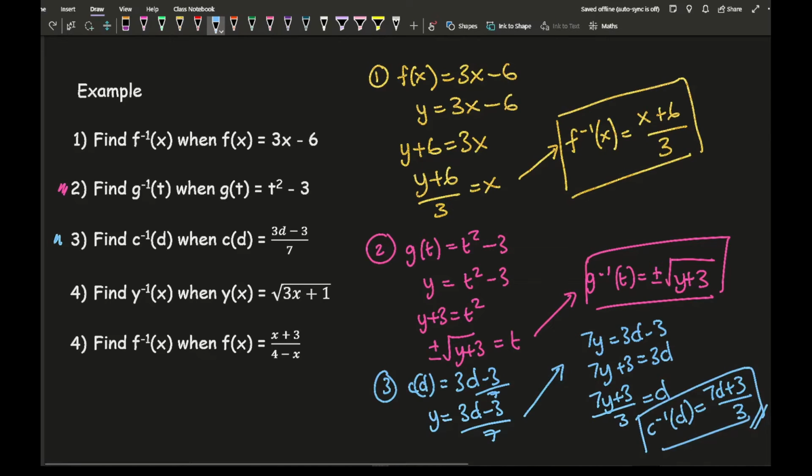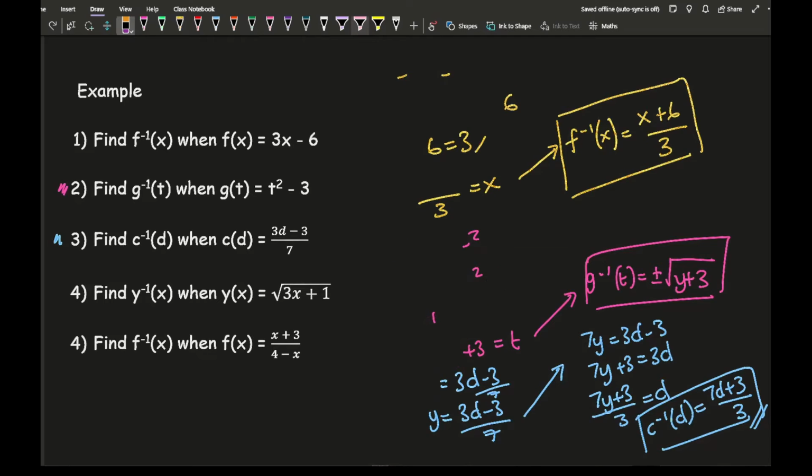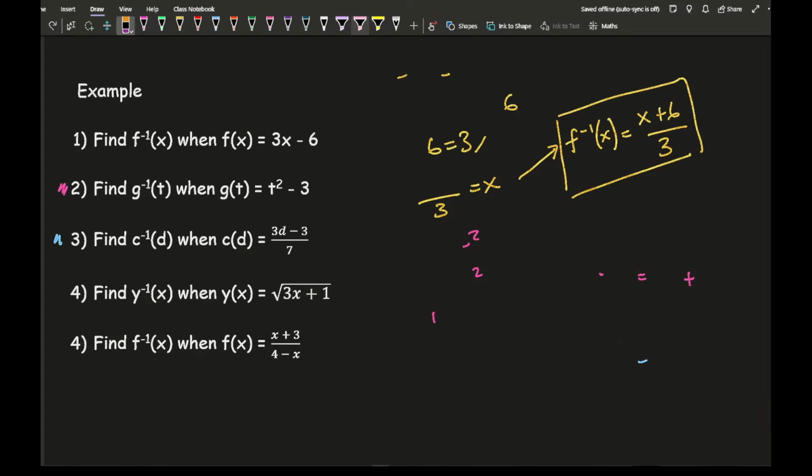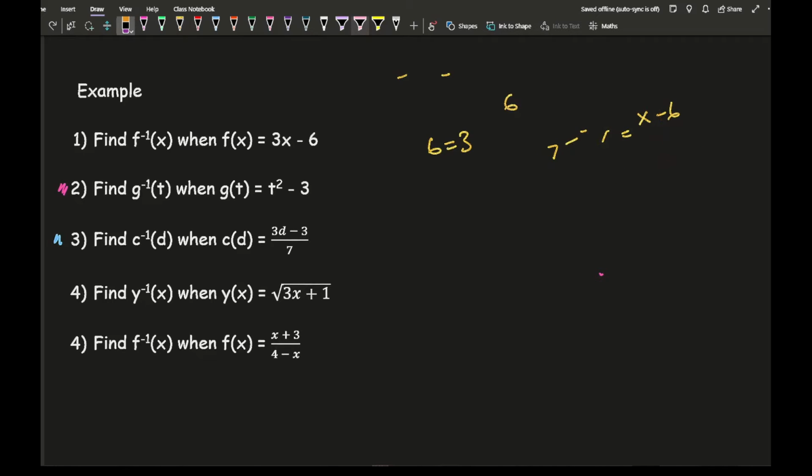Then moving on to question 4, so let me just delete all of this. And let's have a look at question 4.